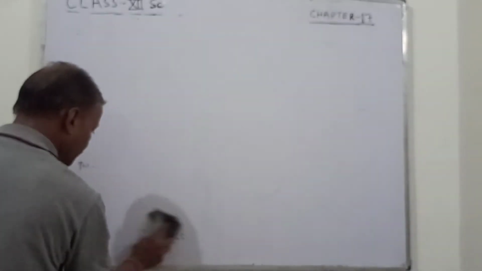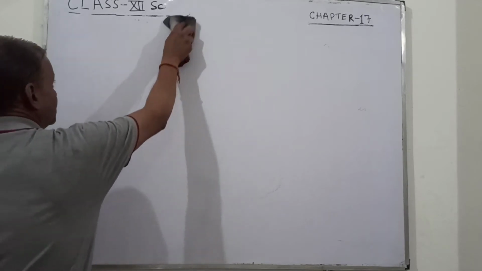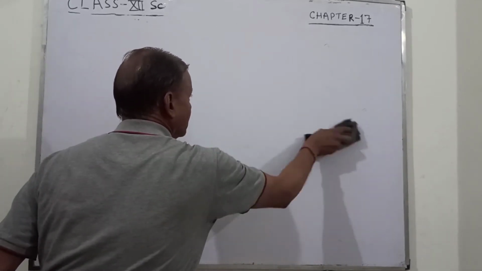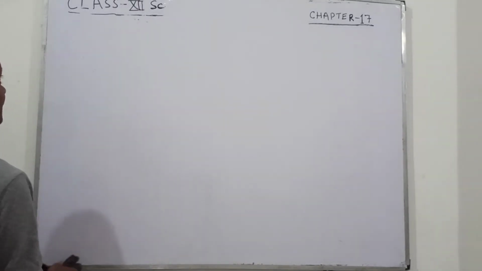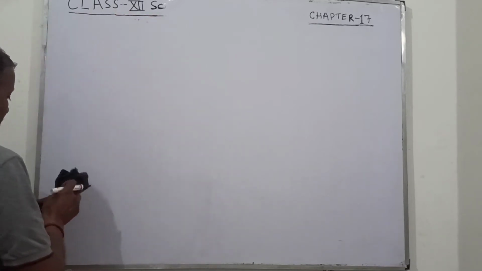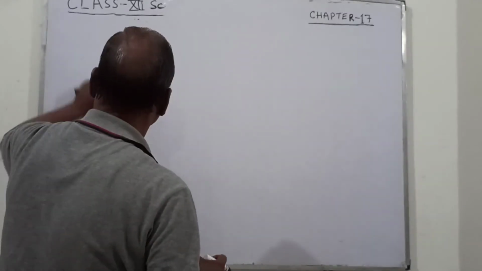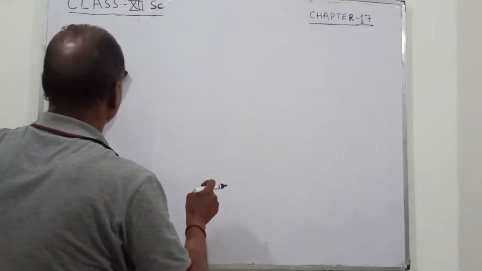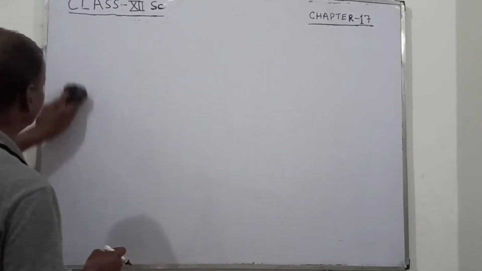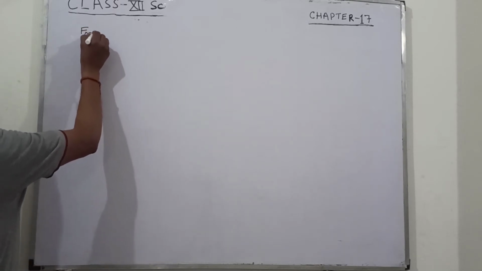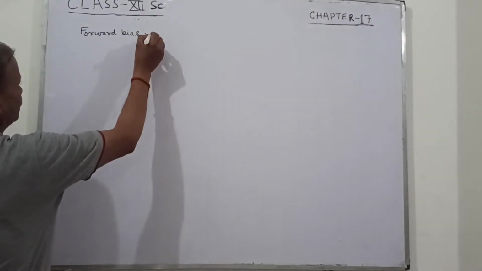So I will take the forward biasing of the junction diode first. Forward biasing.